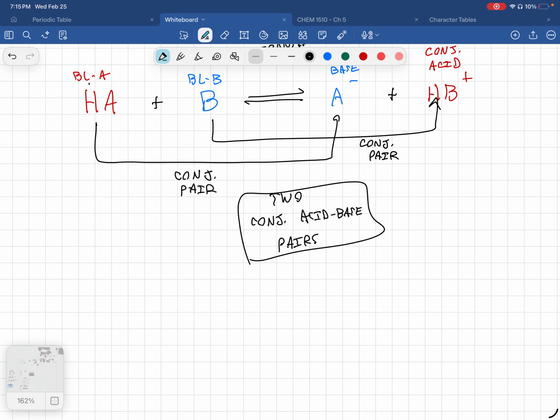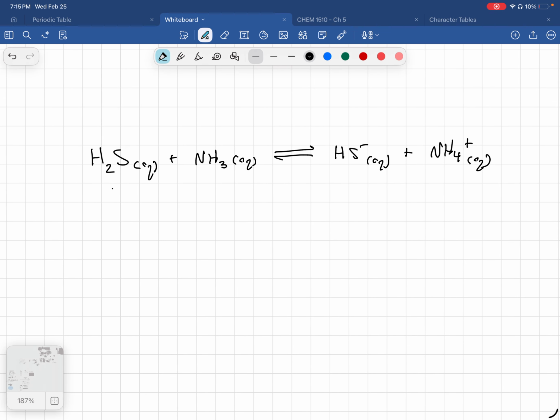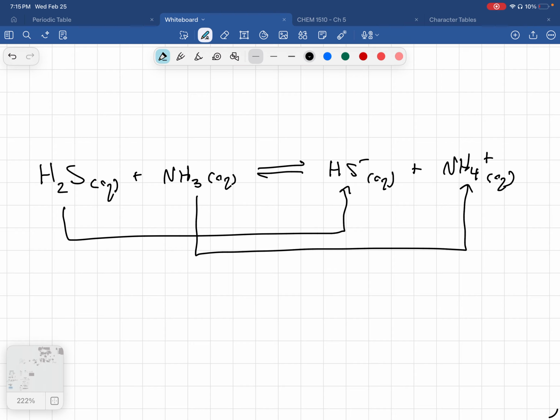Let's do one quick example here. Let's say I have H2S plus NH3 forming HS- plus NH4+. Let's try to identify which one's the acid, which one's the base, which one's the conjugate acid, and which one's the conjugate base.